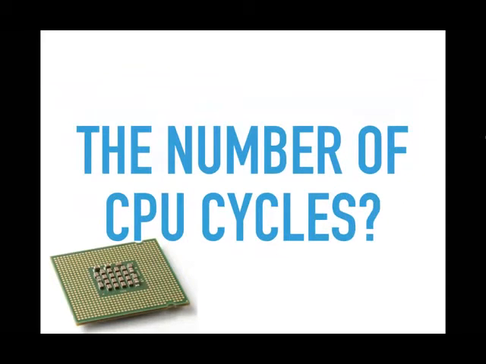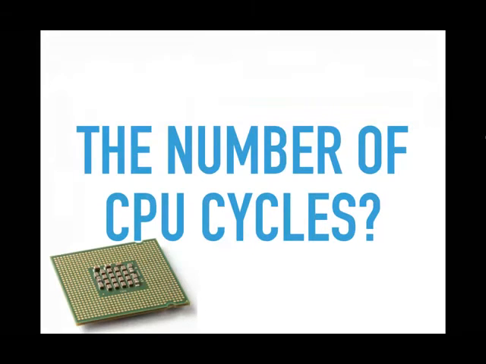Okay, what about the number of CPU cycles? So ignore clock time, because clock time depends on the processor and whatever stuff is going on. We can ignore the number of lines because that can be just about anything. So what if we count the number of CPU cycles? That's got to be constant, right? Even if the CPU cycles are running by really fast, this is just like the number of zeros and ones that get processed by the machine at some point, right?